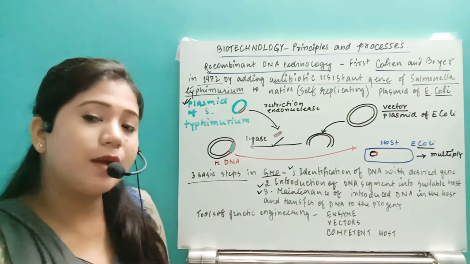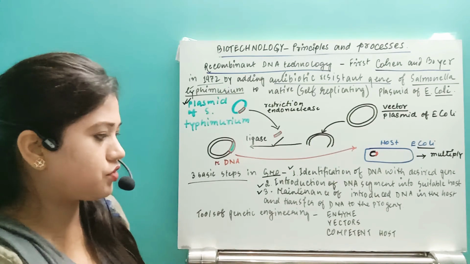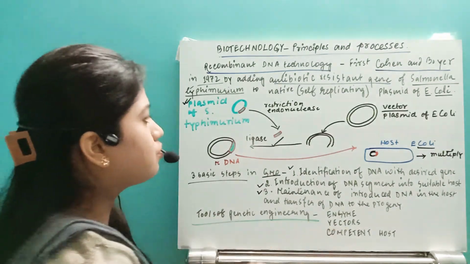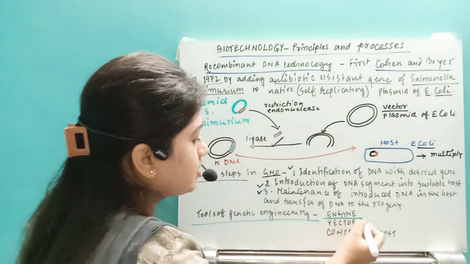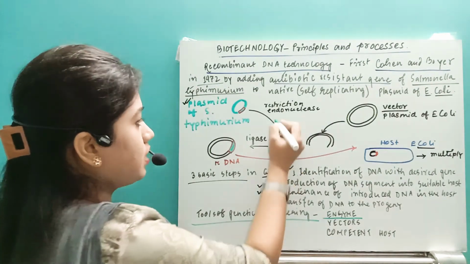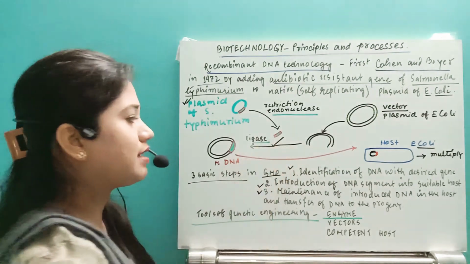In the recombinant DNA technology, what we actually need in this whole process is three things. So what are the tools we use in the recombinant DNA technology? First one is the enzyme. Here itself we have seen two enzymes. What are they? One is the restriction endonuclease and the second is the ligase, right?